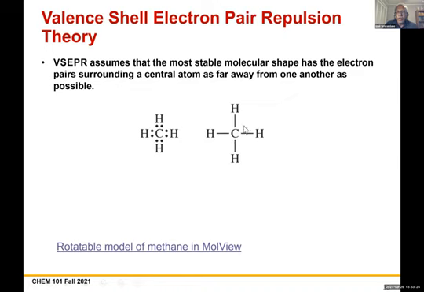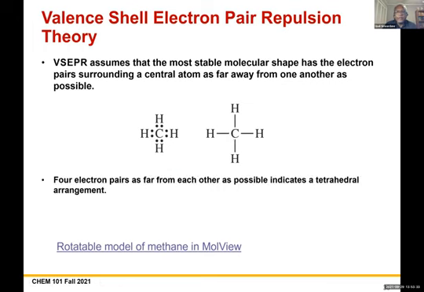These are four bonding electron pairs. They repel each other around the carbon atom. Therefore, you get the tetrahedral arrangement. A tetrahedral molecule has bond angles of 109.5 degrees. You probably heard about this tetrahedral shape before.